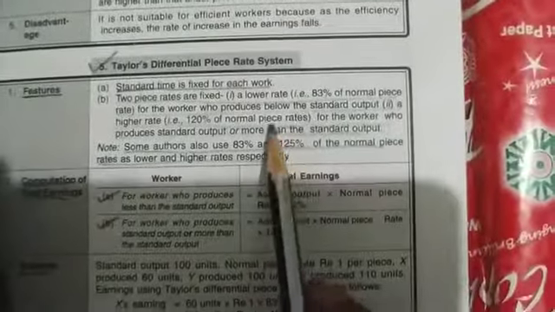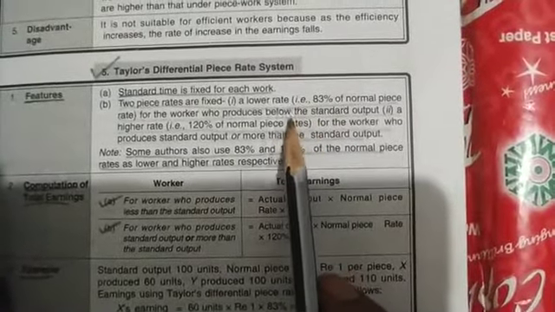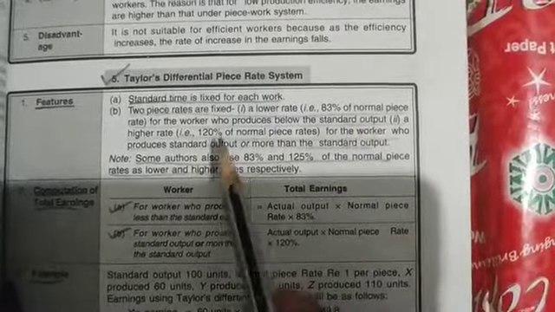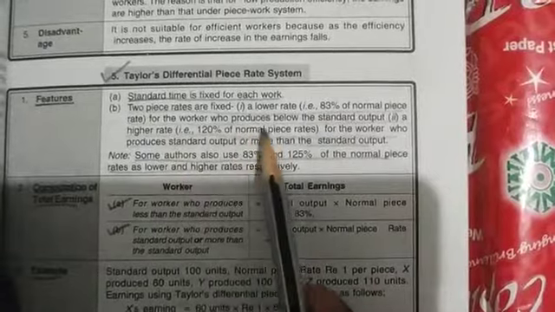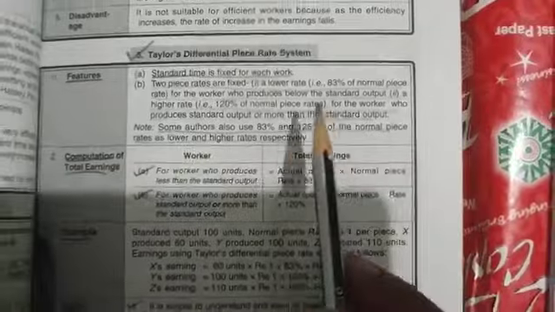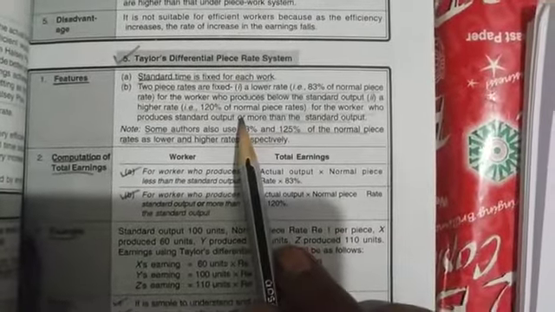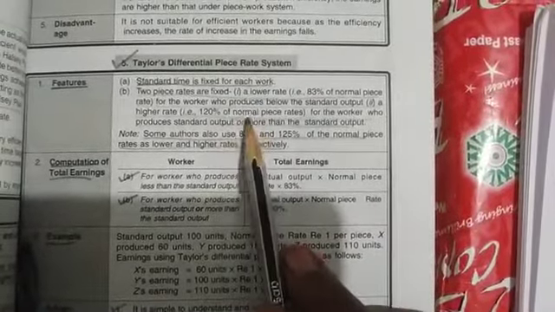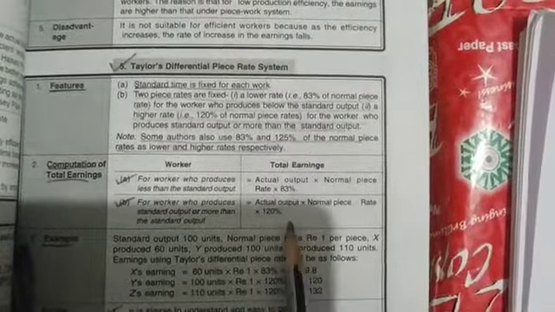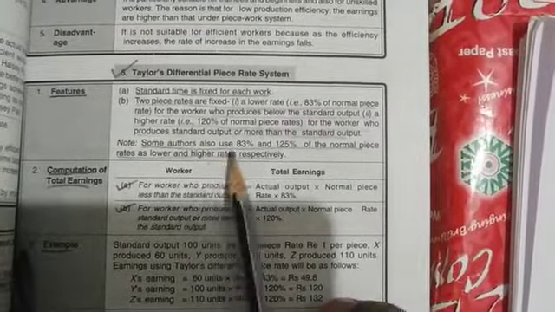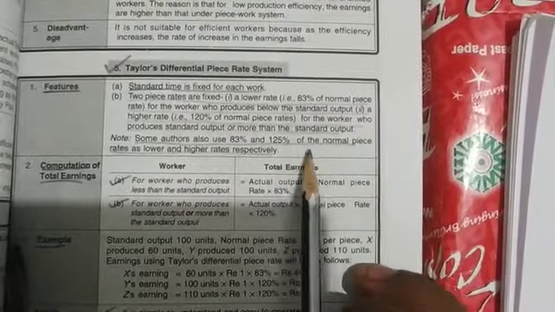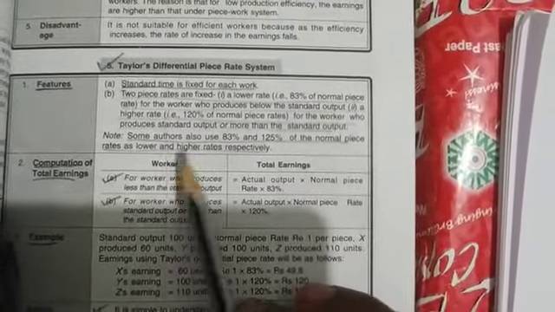Next, a worker who is producing less than the standard output will receive 83% of the normal piece rate, and a higher rate, that is 120% of the normal piece rate, is for the worker who produces the standard output or more than the standard output. Some authors use 83% and 125% as the lower and higher rates respectively.